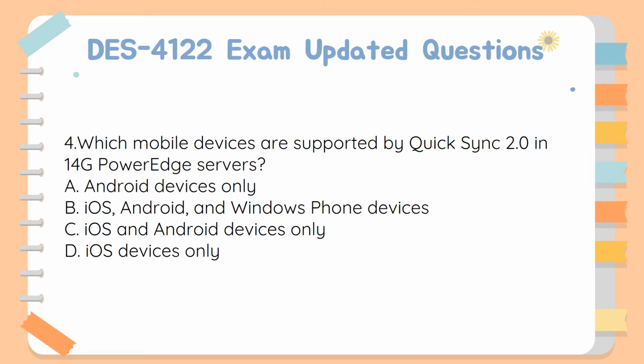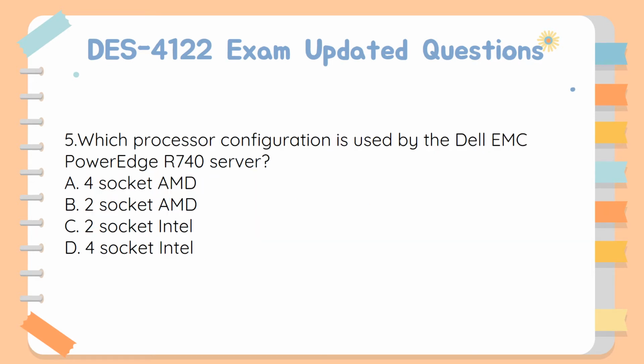D. iOS devices only. 5. Which processor configuration is used by the Dell EMC PowerEdge R740 server? A. 4-socket AMD. B. 2-socket AMD. C. 2-socket Intel. D. 4-socket Intel.